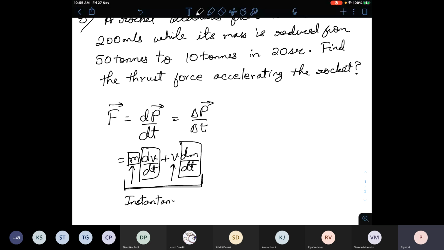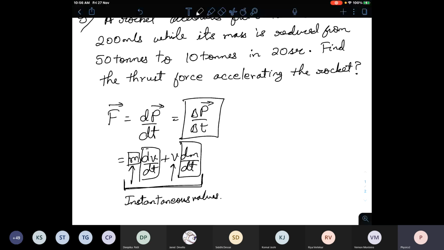This is for equations. Whenever you have mass and velocity in terms of equations of time, then use this formula. Otherwise, better to stick with your basic definition, that is dp by dt, delta p by delta t.